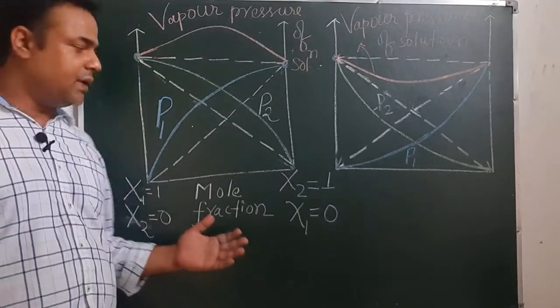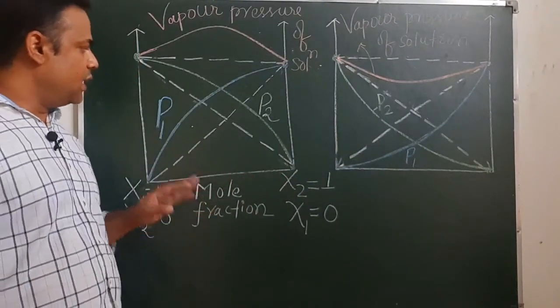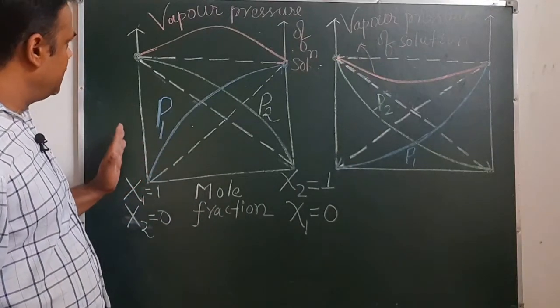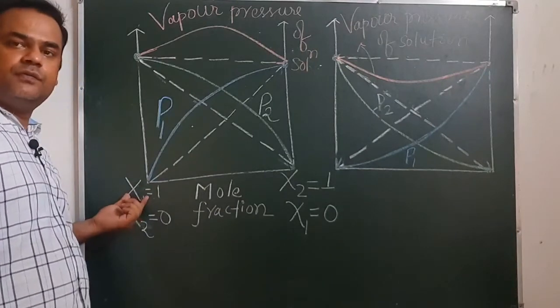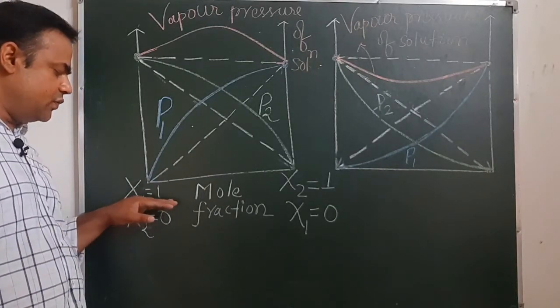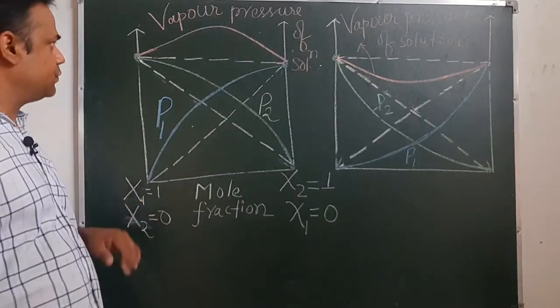So here we have a graph of two different solutions. In this graph, this vertical line is representing mole fraction of solvent. Chi1 is mole fraction of solvent, Chi2 is mole fraction of solute.